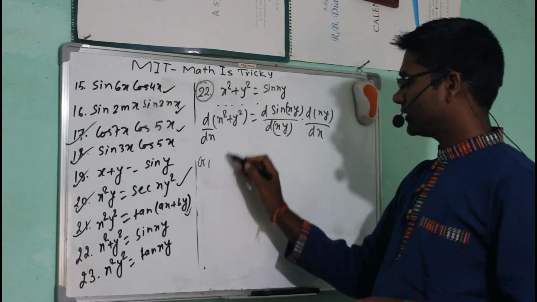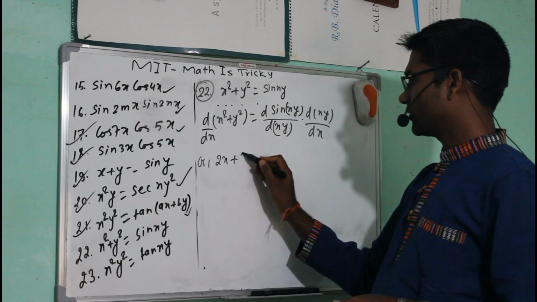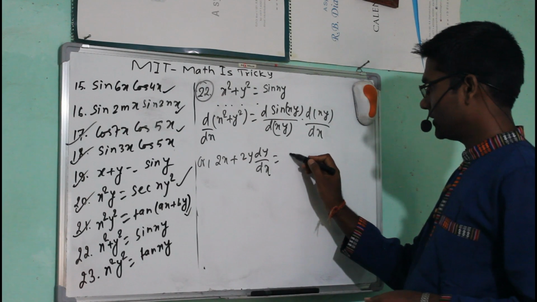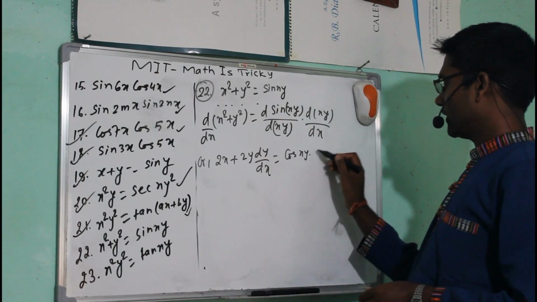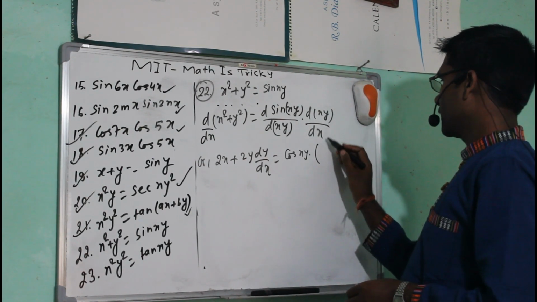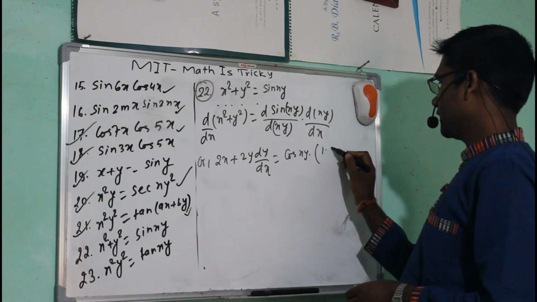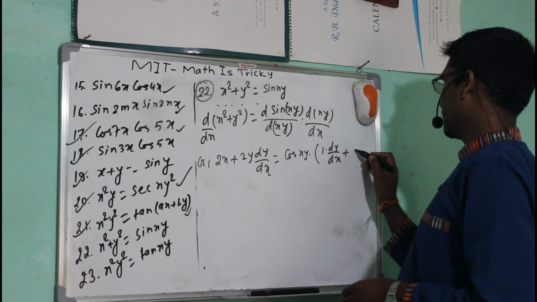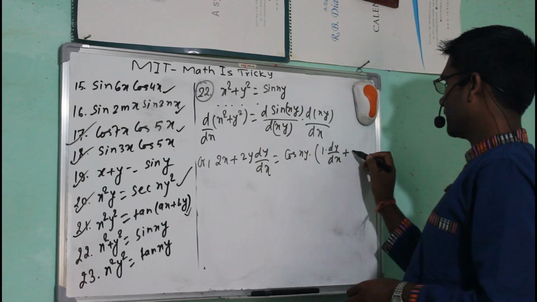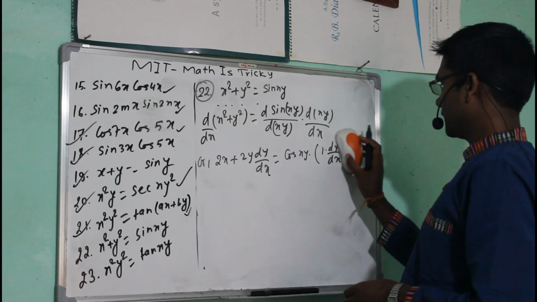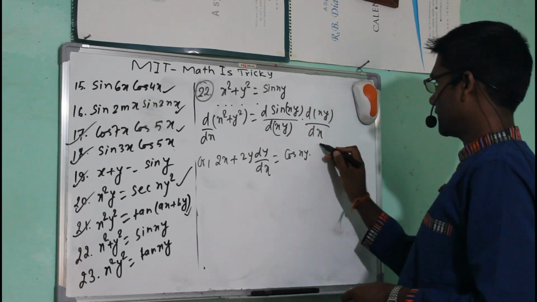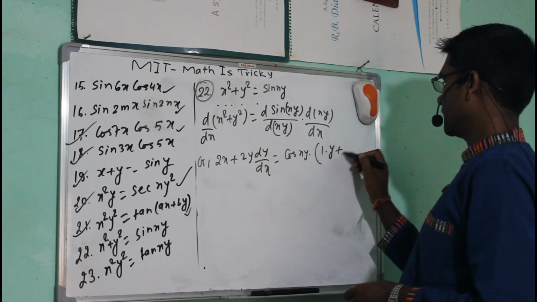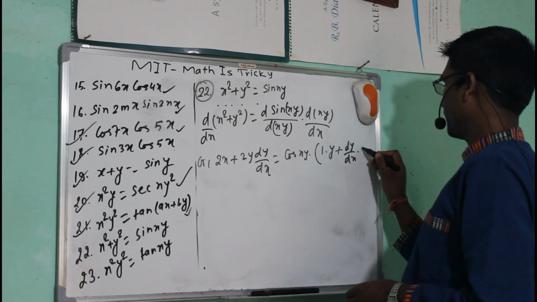Now differentiate this, so it will be 2x + 2y dy/dx. On the right hand side, the derivative of sine is cos, so cos(xy), and for the derivative of xy let's use the product rule: derivative of first into second plus derivative of second into first.